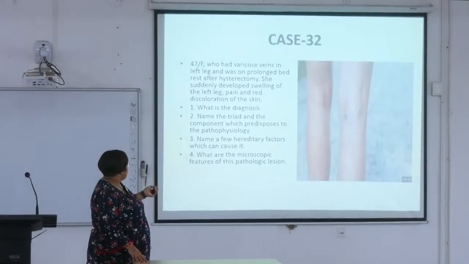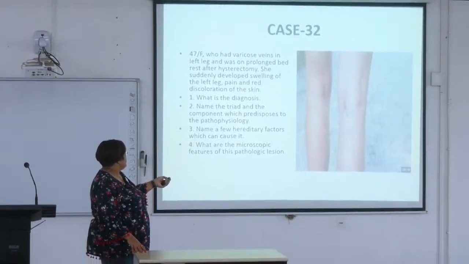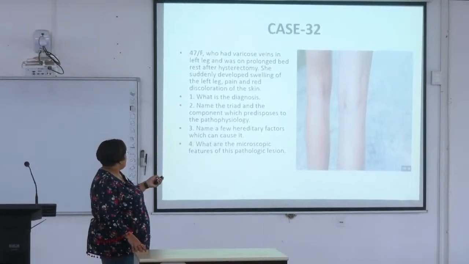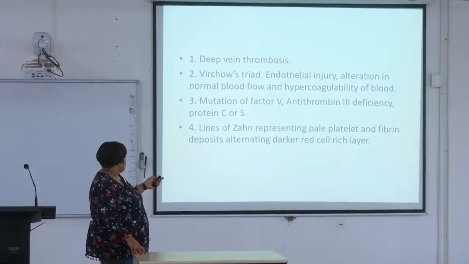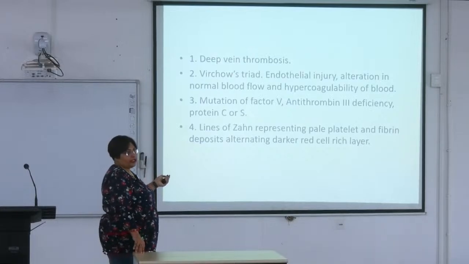Then the next question is, name the triad and the component which predisposes to the pathophysiology. So, the triad is Virchow triad. You have to remember this. It comes in your theory question as well.